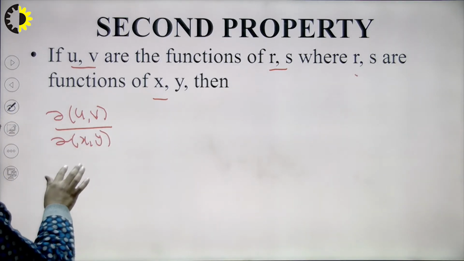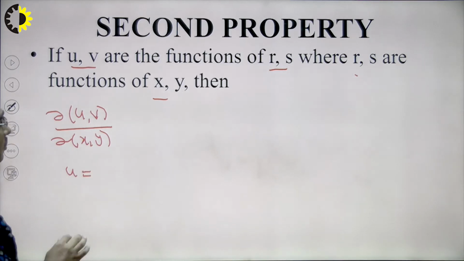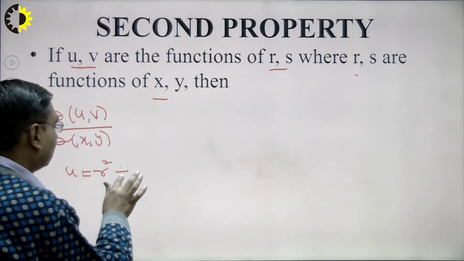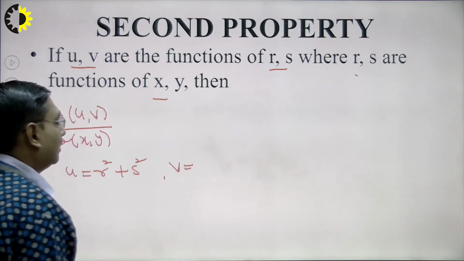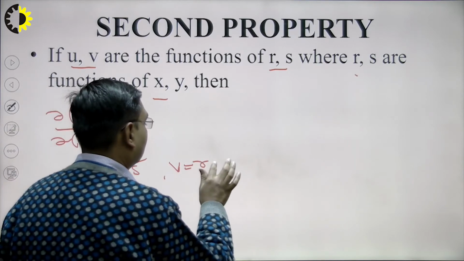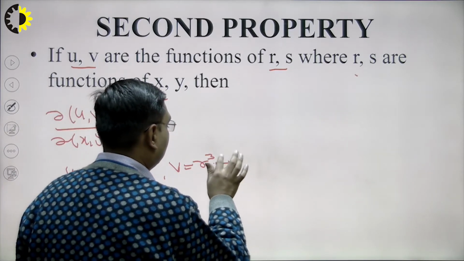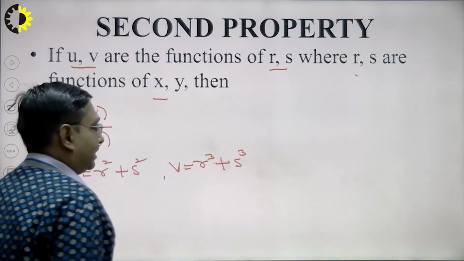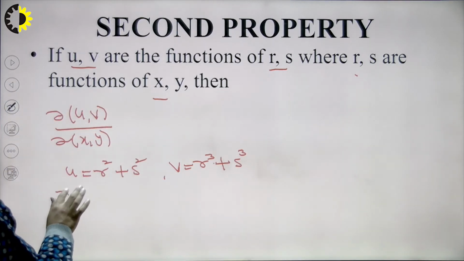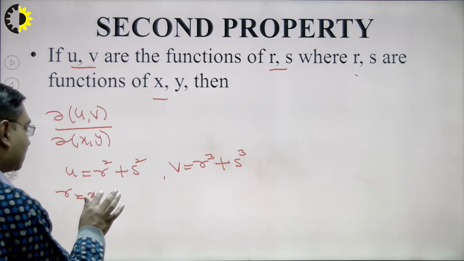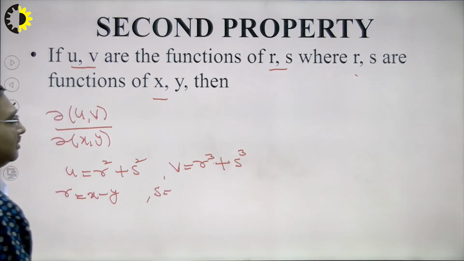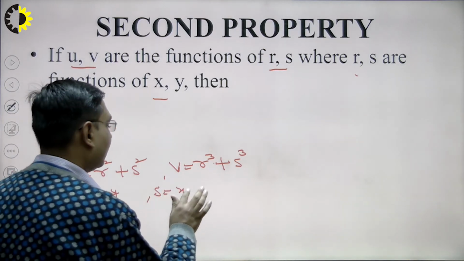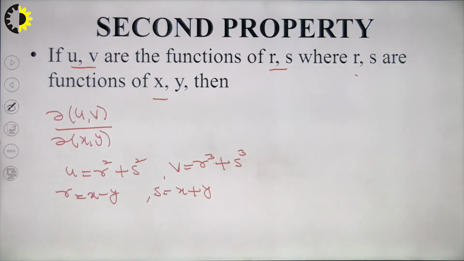Suppose I take u is equal to r square plus s square, v equals r cube plus s cube, where r equals x minus y and s equals x plus y. Suppose I have these relations.